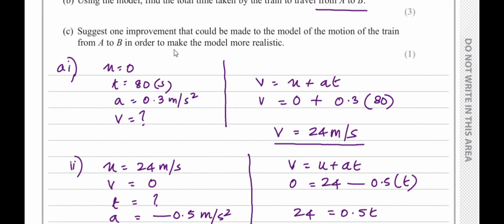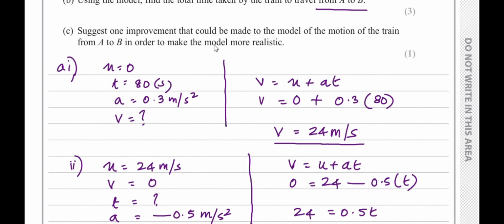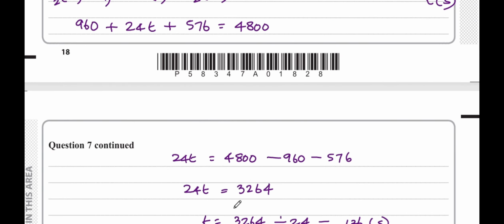Here there is a train traveling from A to B 4,800 kilometers, and it says that it goes under constant acceleration, constant deceleration. So that may not be practical all the time. So the model could consider variable acceleration and variable deceleration is a good answer to write.